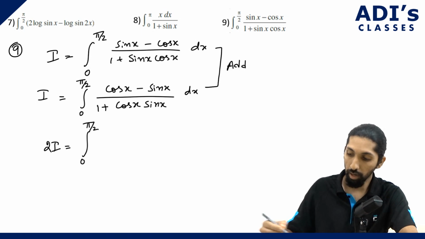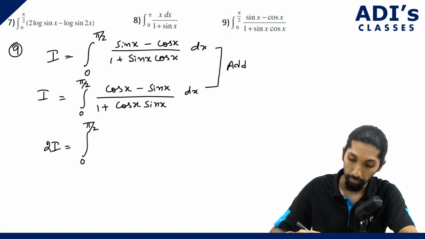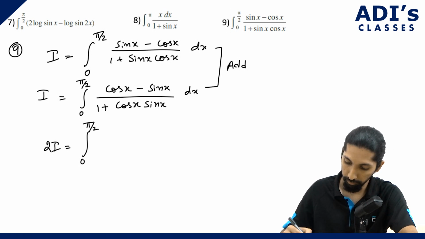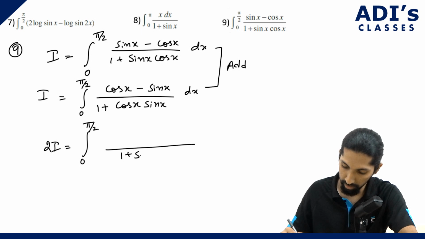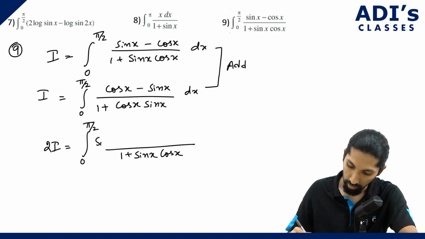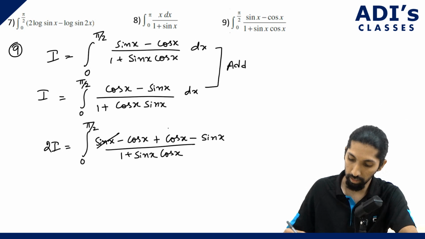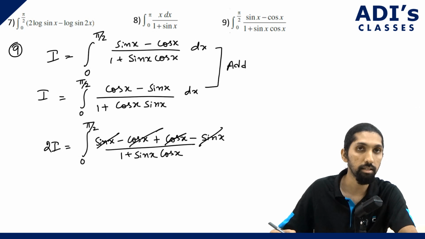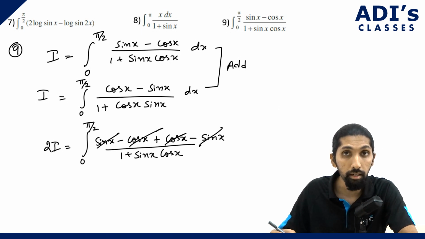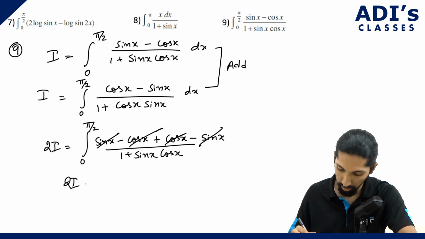The denominator is one and the same, correct? Look at the numerator: the denominator is 1 plus sin x into cos x, and the numerator is sin x minus cos x plus cos x minus sin x. So sin x cancels, cos x cancels. Don't you think we are going to get 0? That means 2I is equal to 0.